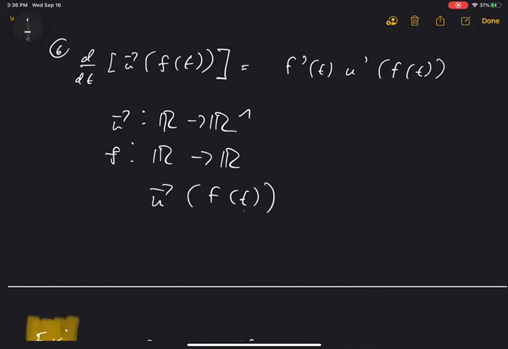I'm taking t and I'm plugging it into f, and I'm getting some number, right? Call it s. And then I evaluate u at s. So that's what's going on. So when I take the derivative of this whole thing, it's just the chain rule.